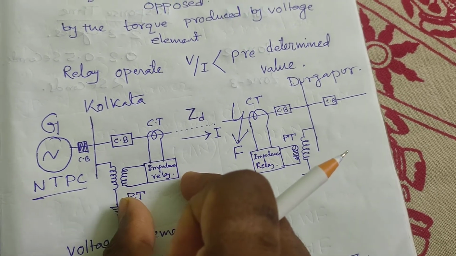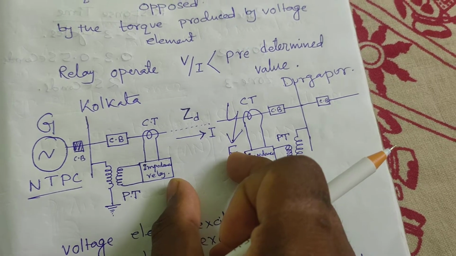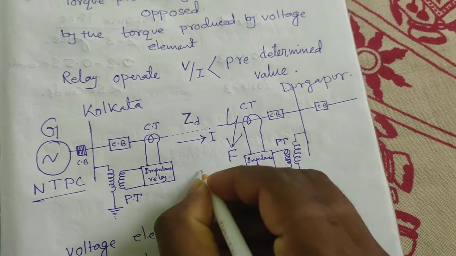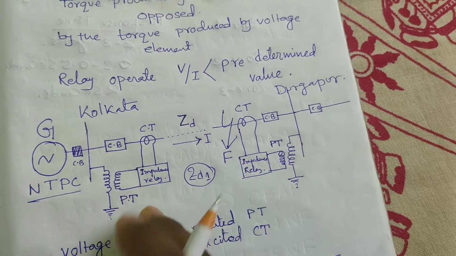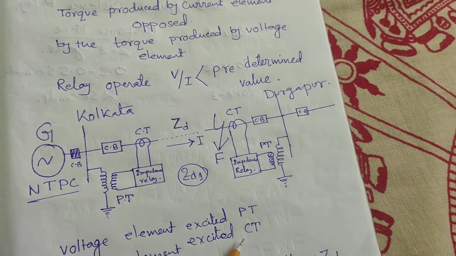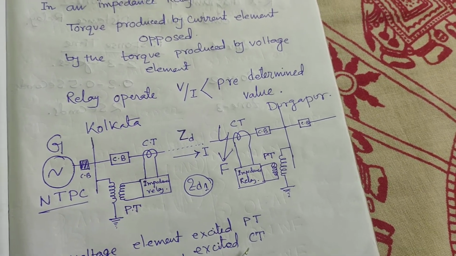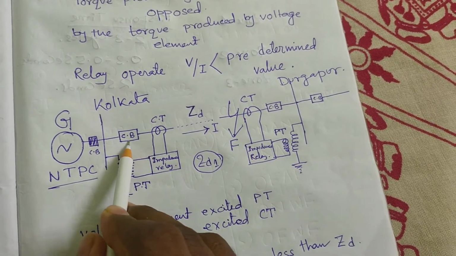And if this numerical relay calculates that particular Z value, suppose ZD1, by this impedance relay, the fault current will flow, and that will trip the circuit breaker.